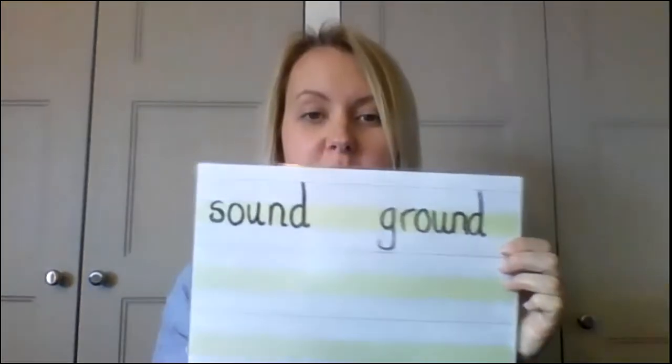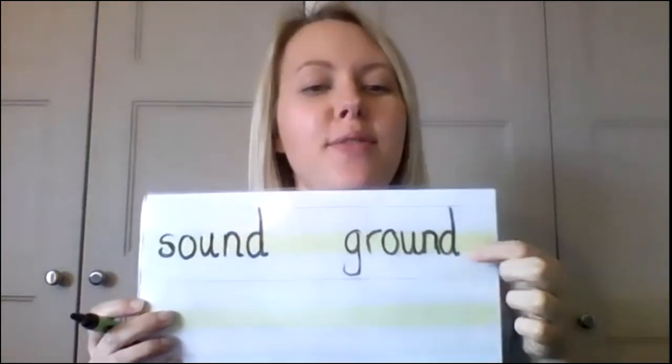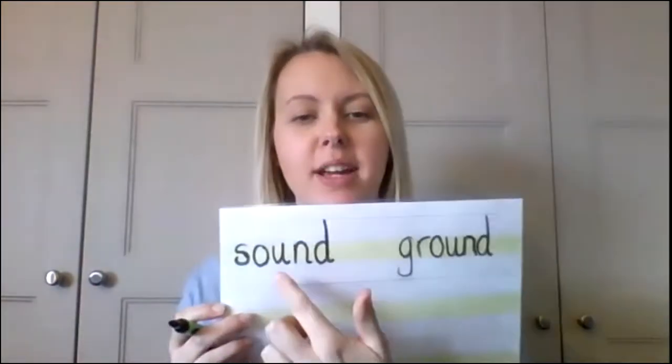See if you can hear that again. G, ow, d. The rhyming word is ground. Sound and ground. Give yourself a tick and a thumbs up if you've got the word ground to match mine. Brilliant job. Okay, here comes another word from our poem again.